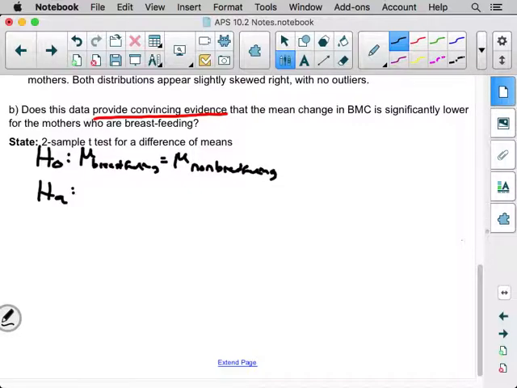And then what do we think is happening? What did they say could be happening because of breastfeeding? They're losing bone mass. So wouldn't we angle it as less than, right? We think breastfeeding mothers might be losing some calcium in their bones.